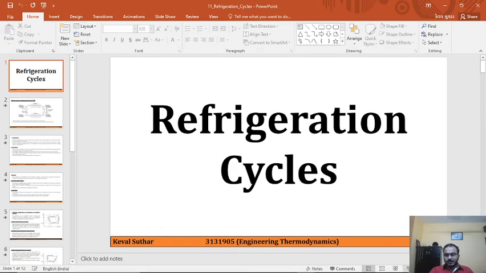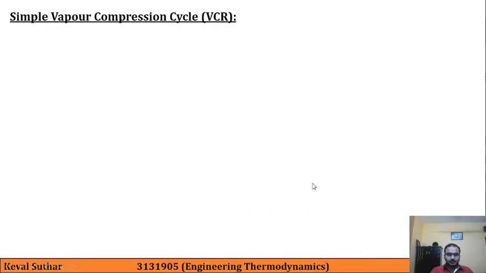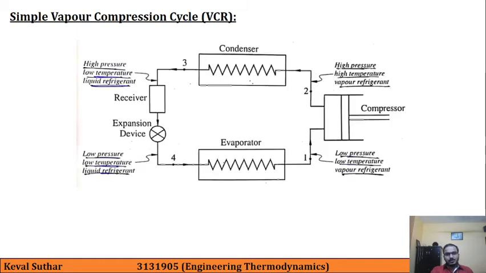Now let's begin with what is different in the refrigeration cycle. Our first concept is the simple vapor compression cycle. These are the 5 basic components of the simple vapor compression cycle.